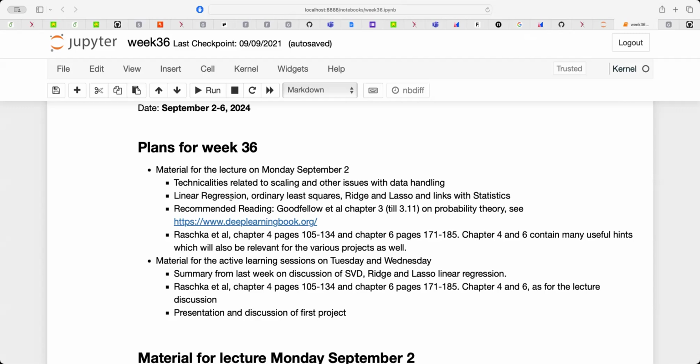Then in the exercises session, we're actually going to repeat some of these elements, and we are going to work on lasso, ridge, and ordinary least squares, as these will be basic elements in project number 1. So in a certain sense, we are doing what you might call low-level machine learning, but this is actually part of the standard machine learning tools.